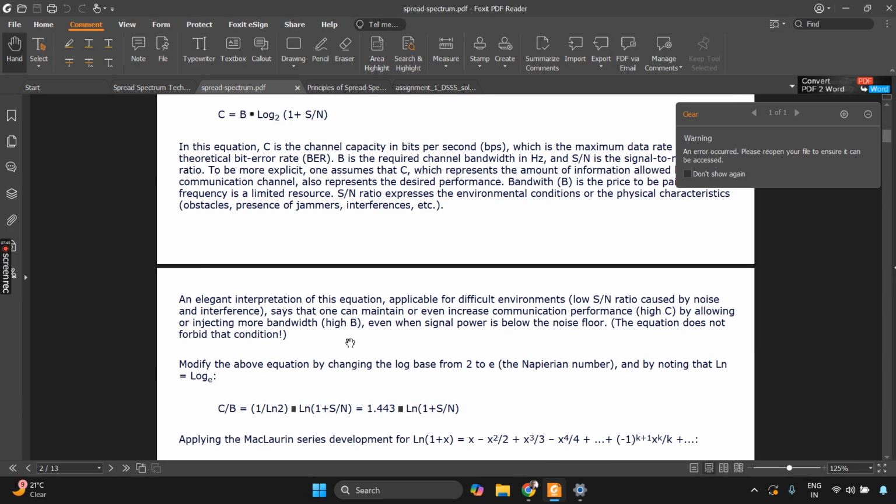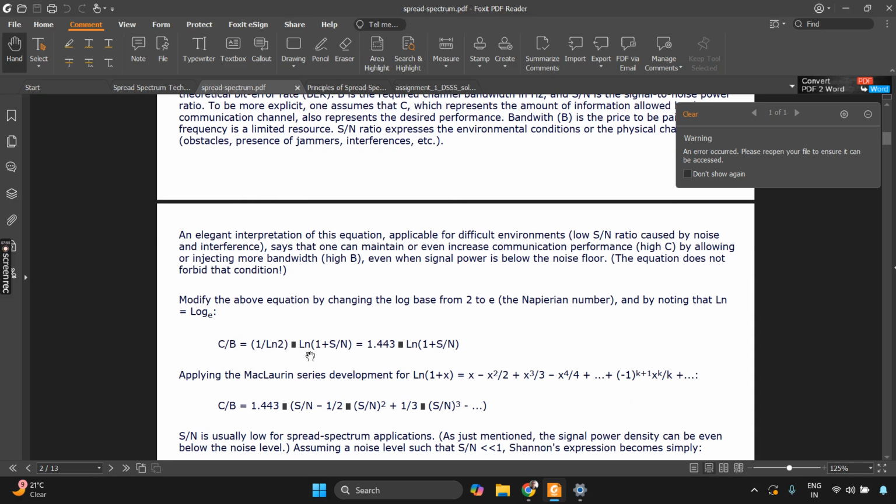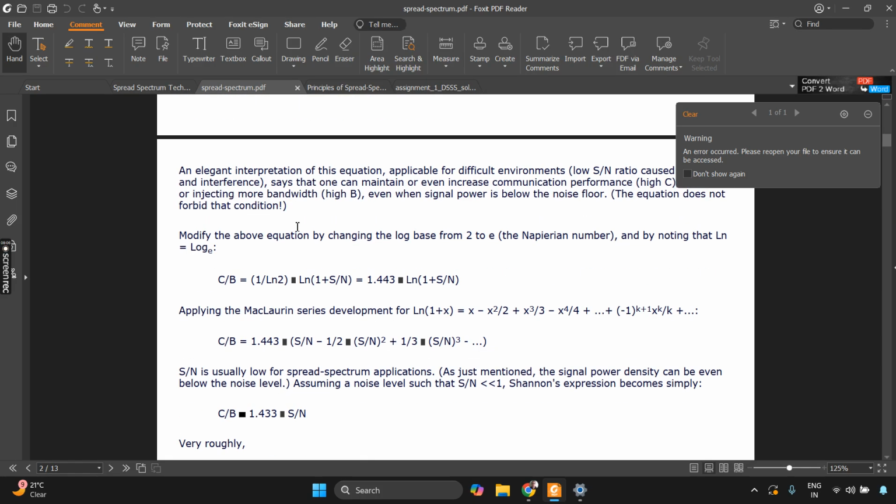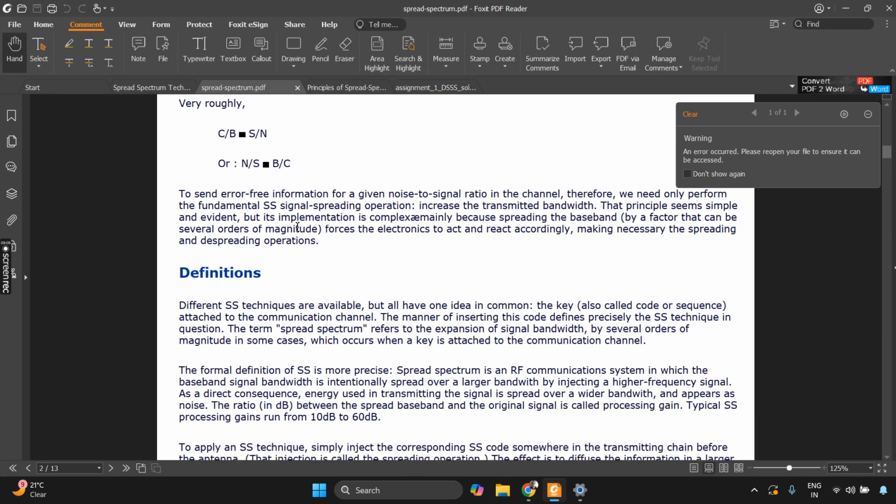So one can maintain or even increase communication performance by injecting more bandwidth even when signal power is below the noise floor. Even if SNR is less than 1, if we increase the bandwidth, our channel capacity can be increased.